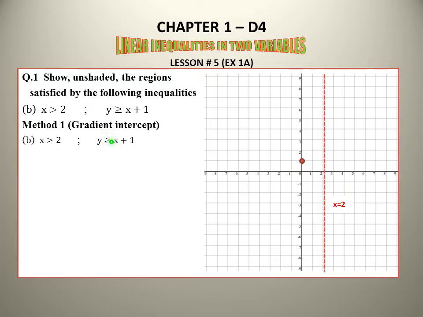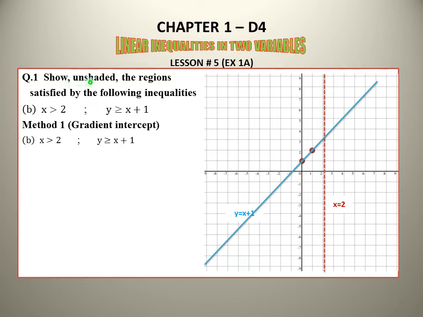So you can write it as 1 over 1, meaning its rise is 1 and its run is also 1. So from this point we will move 1 unit above and 1 unit on the right hand side, and we will place a dot there. Joining these two points we will get a straight line. Label this line here. Now we have drawn the graph of these two inequalities.